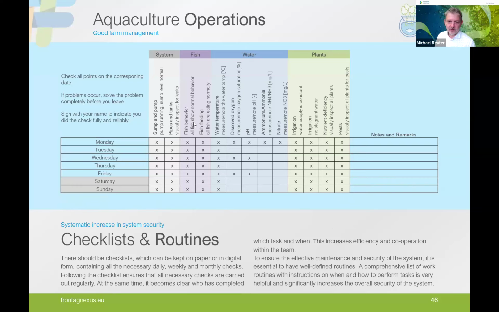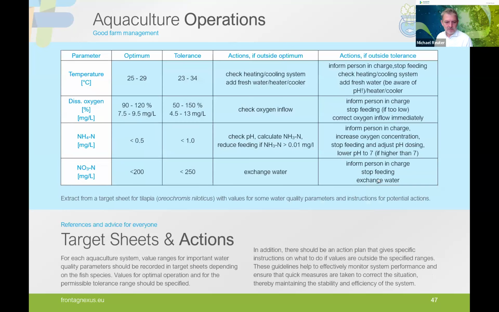And for every single one of these operations in our checklist, we should also have routines, for example, standard operating procedures that we can look at if we are not sure how to do a certain task. We should also have target sheets for everybody to look at if you're not sure about a certain value in our system.